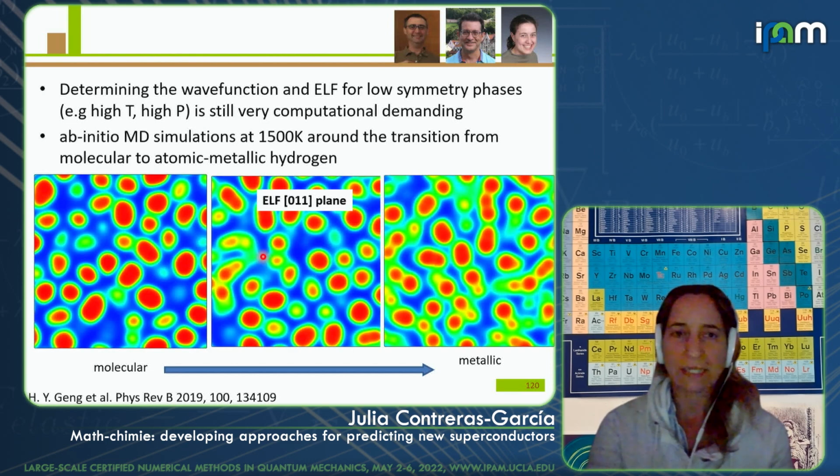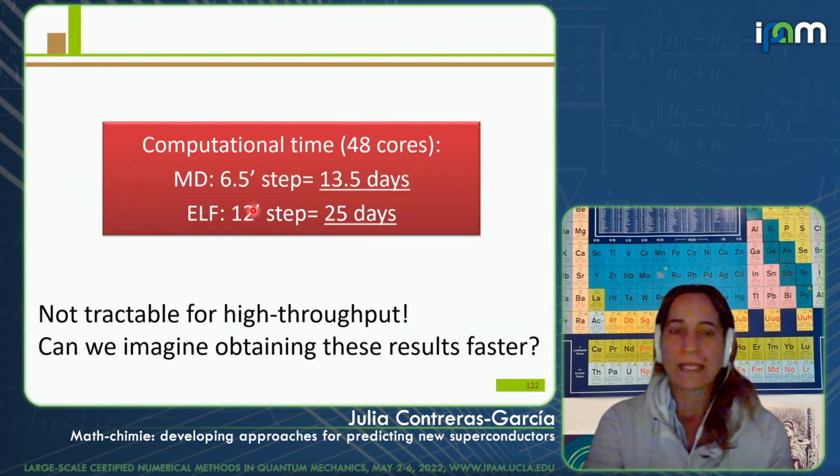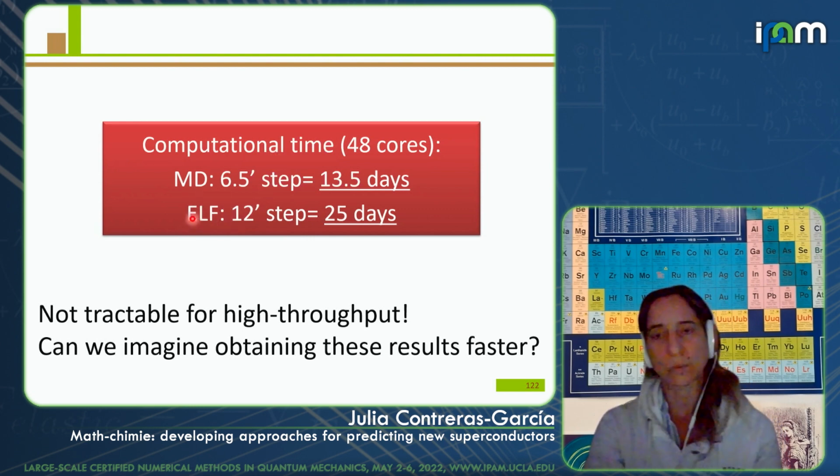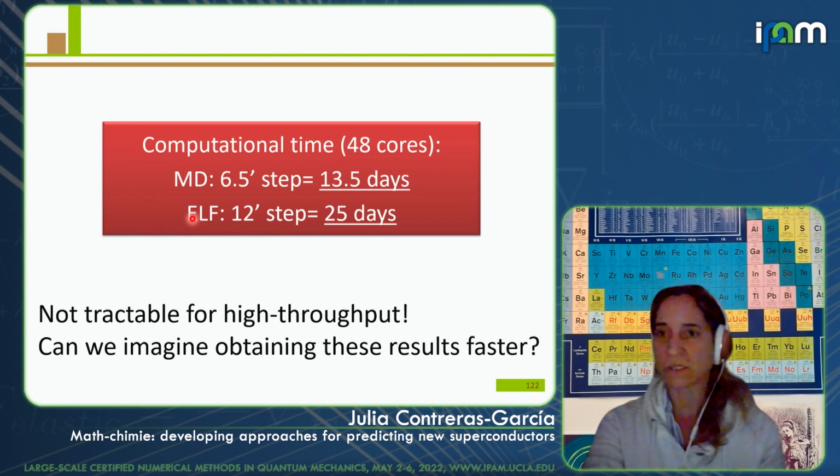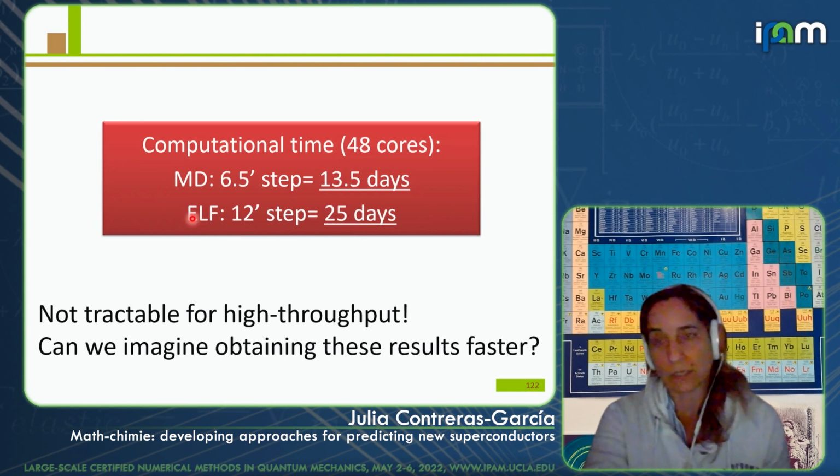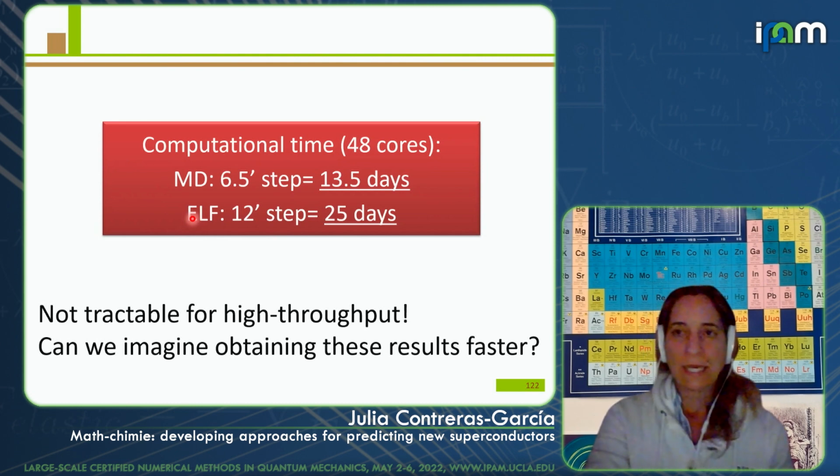And let me tell you that the dynamics calculations took 13 days. And once we have this calculation, determining the electron localization function took us twice as much, which is obviously not acceptable for determining the networking value.